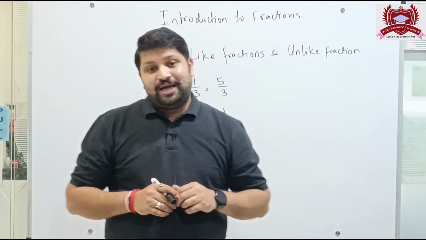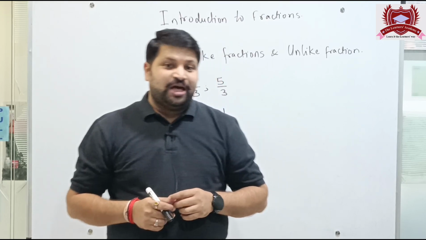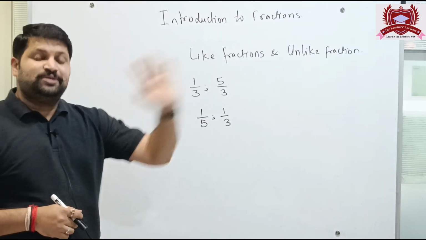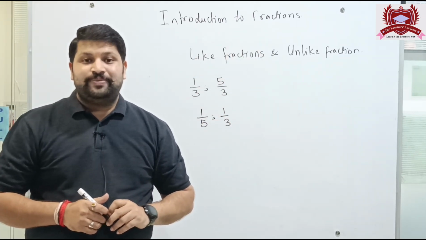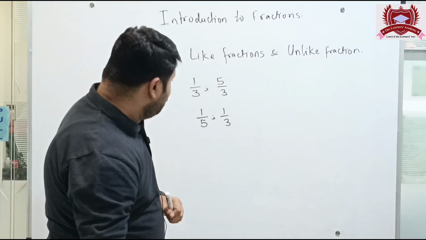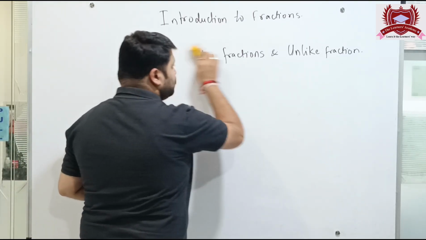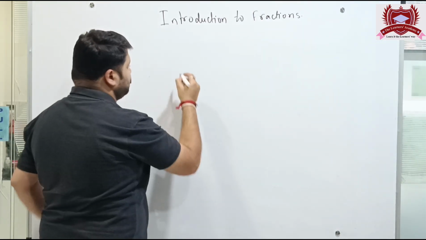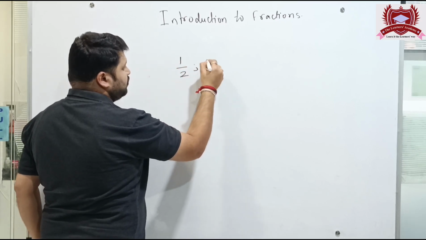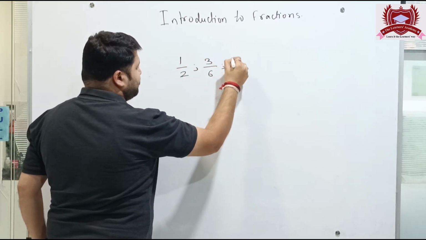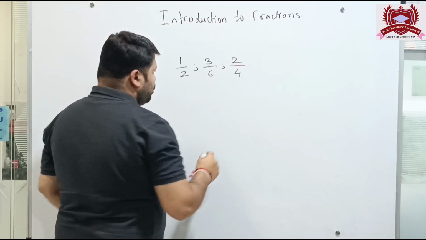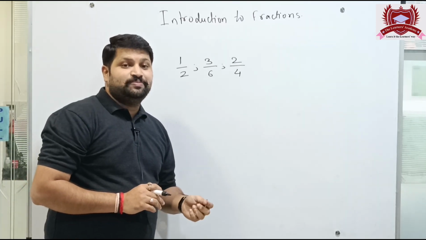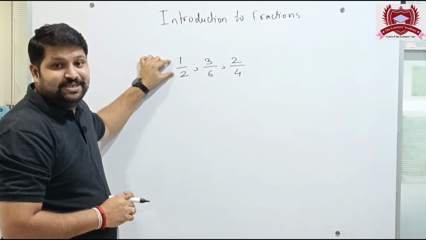Now we come to the last type of fractions, and they are equivalent fractions. So two fractions, if their simplest forms are equal, then we will call them equivalent fractions. Let us see it with an example. Though their denominators are different, if we convert them into their simplest form, the simplest form would always be the same.